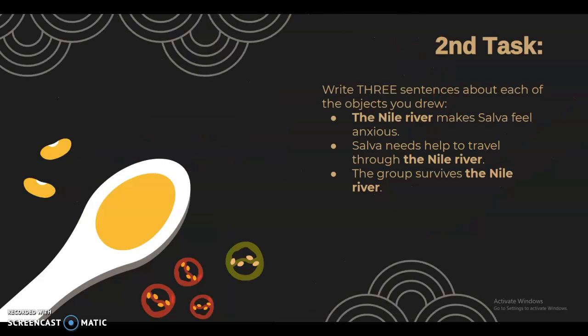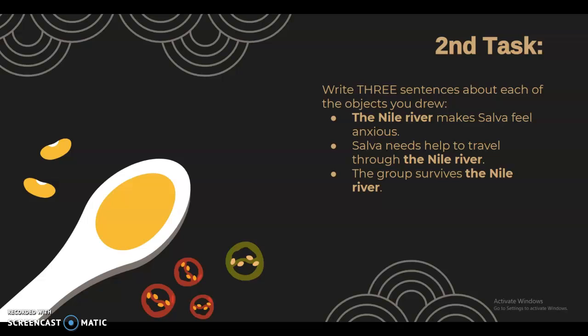And this leads me to your second task, and this is the second place where you'll want to pause and complete this task. So you're going to write 3 sentences about each of the objects you drew. Okay? And so let's say that the Nile River was something I chose from A Long Walk to Water. All right? So I'm going to say, the Nile River makes Salva feel anxious, right? He's anxious about crossing it.